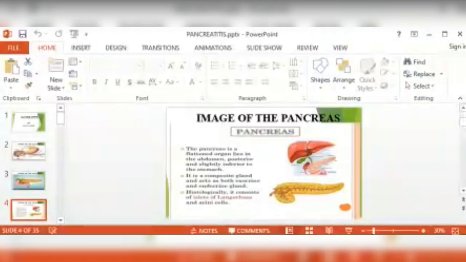The cells of the pancreas are called the pancreatic islets, or the islets of Langerhans, and those cells are grouped into portions called the acini cells.